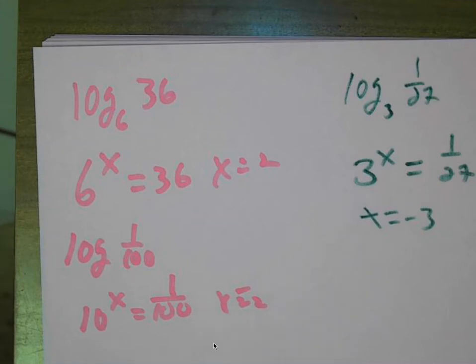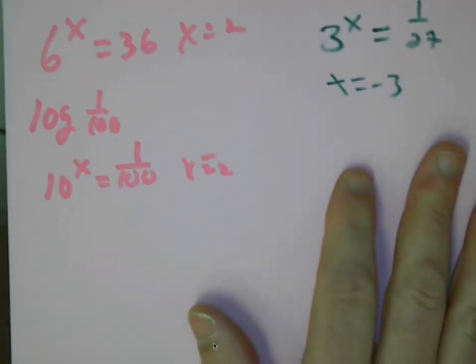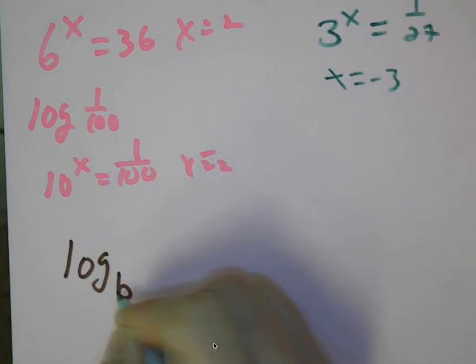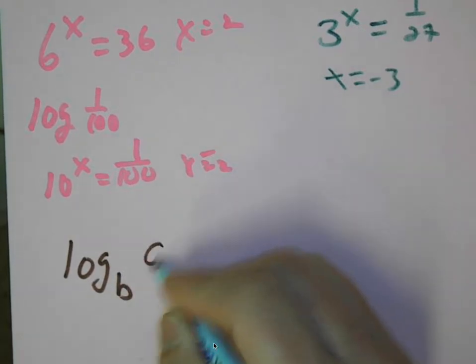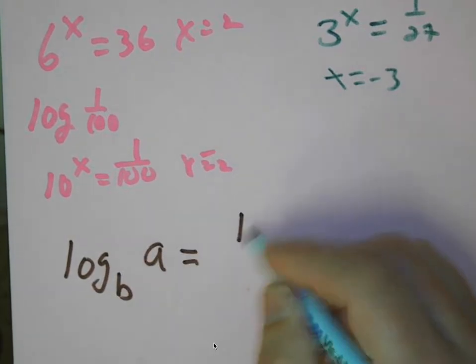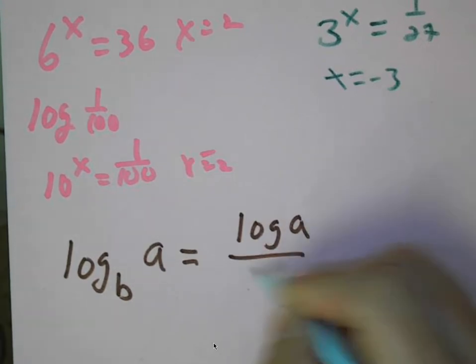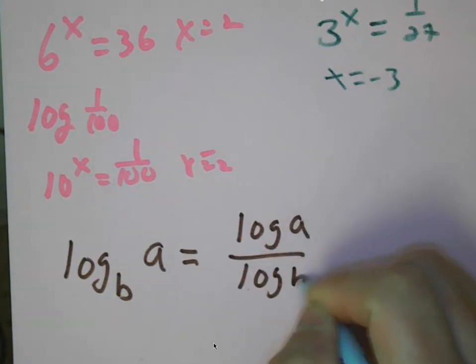Now, you can punch this into your calculator, and there's a thing called the change of base formula that allows you to find logs of anything on any calculator, because you don't have uncommon bases. The change of base formula looks like this: log base b of a can be calculated by doing the common log of a divided by the common log of b.